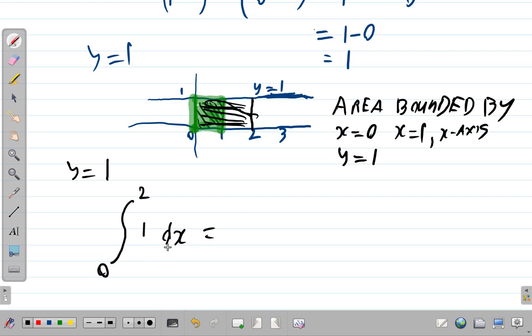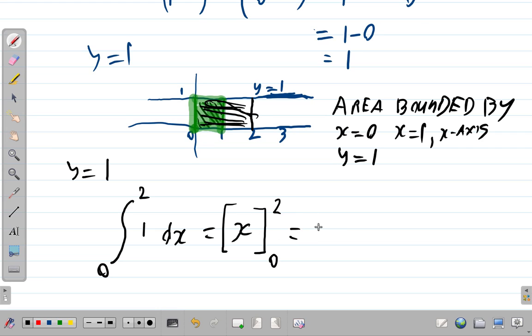Now, when you integrate 1, you get x, as we saw earlier. And you put your square brackets, the lower boundary on the lower right, the upper boundary on the upper right. Remember, you don't need the constant of integration because it will subtract itself anyway.